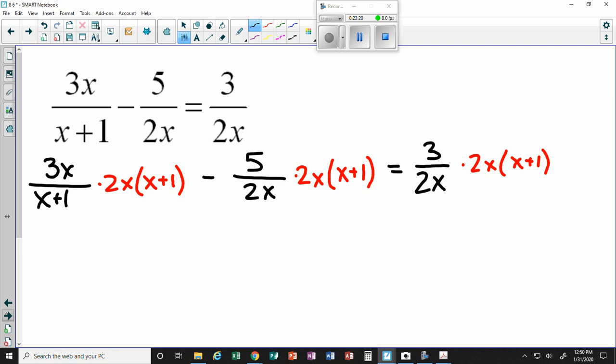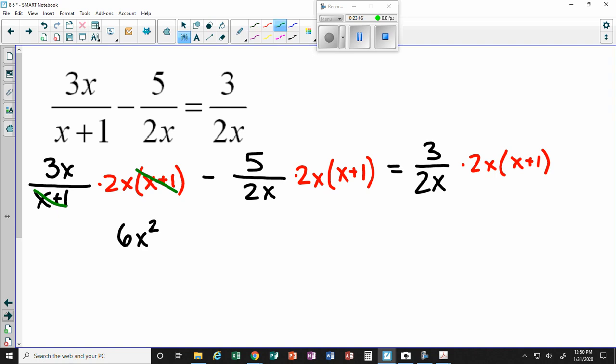Alright, now here's where reducing first is immensely helpful. Okay? So in that first one, I have what? X plus 1s will reduce, right? This is really over 1, so I have an x plus 1 on top, and an x plus 1 on bottom. So those cancel, so what am I left with? Yes. 3x times 2x is 6x squared.